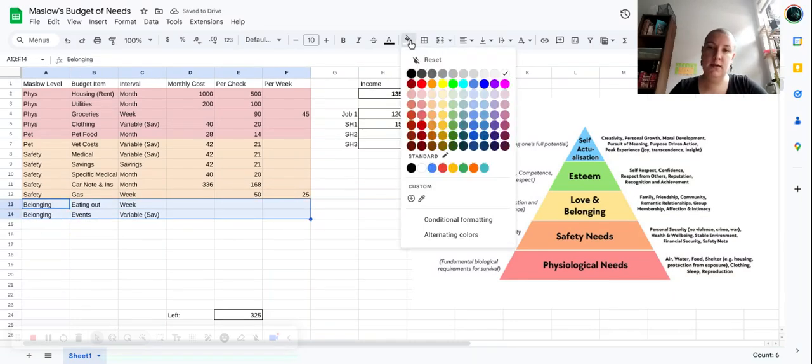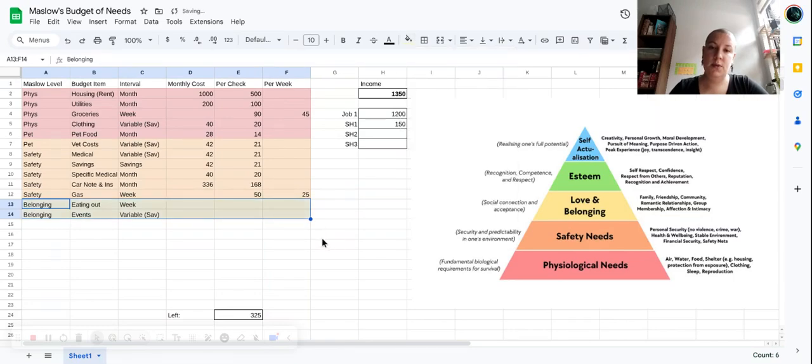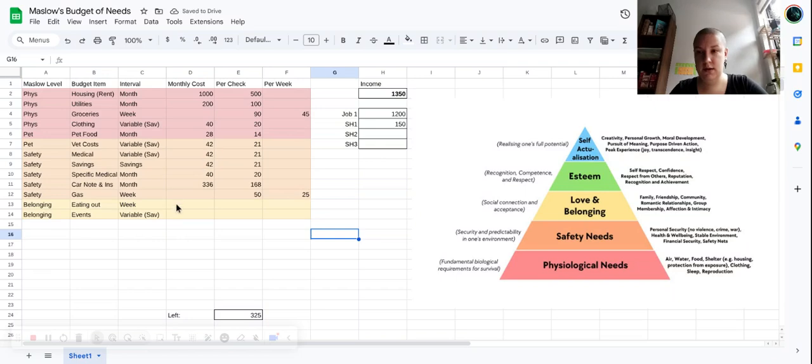We're going to fill this up. Events. All right. There's $325 left in this check. So if eating out is $100 a week, that already drops it down to $125.